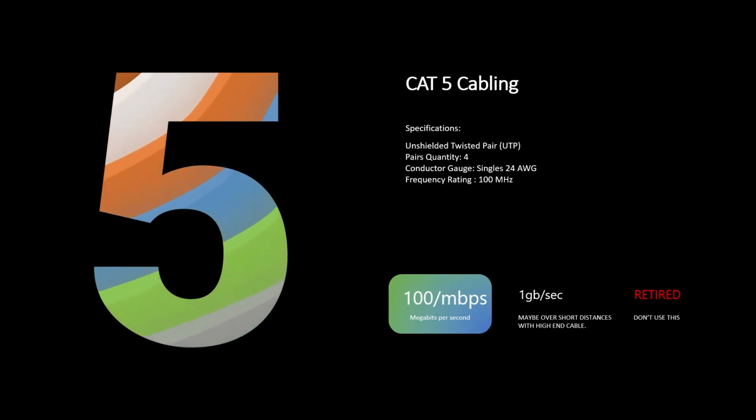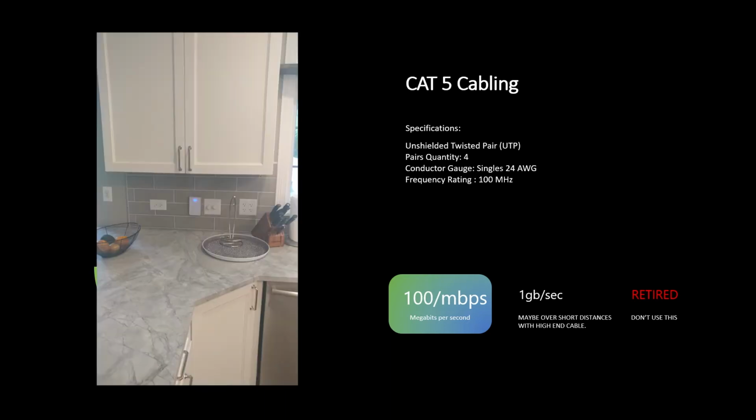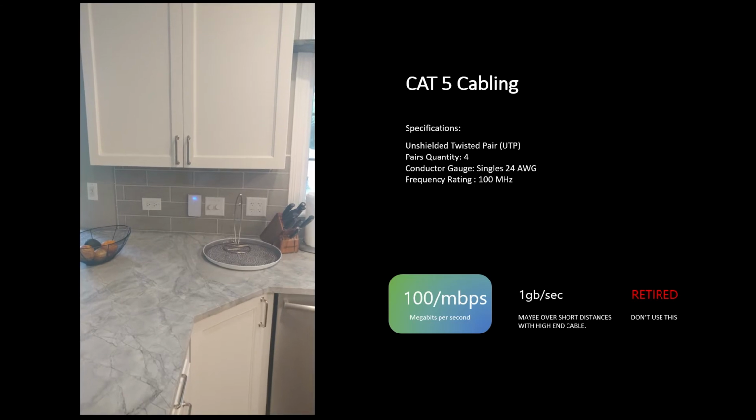All right, and Cat 5 cabling is the first real retro cabling that's kind of useful still. Typically, if it's a really short run, you can get a gigabit off of it. So it's potentially worth a use case. I have rewired a number of kitchen phone locations on a wall to be a built-in Ethernet access point, with a couple Ethernet cable ports on the bottom of it.